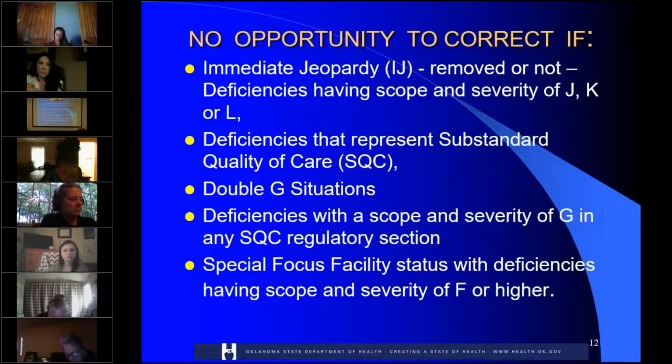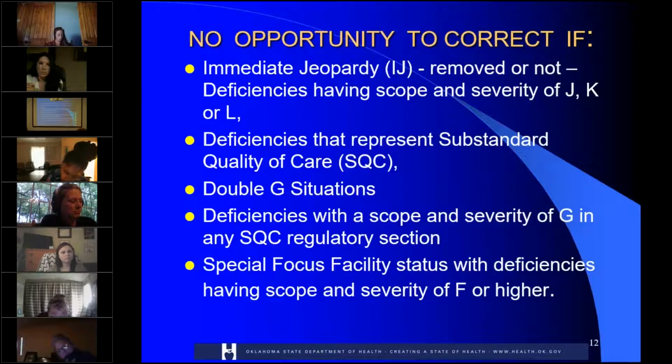Double G situations. This is something special, and we're going to talk about it, so I'm not going to go deep into that because it's complicated. Deficiencies with the scope and severity of a G in any substandard quality of care regulations section.